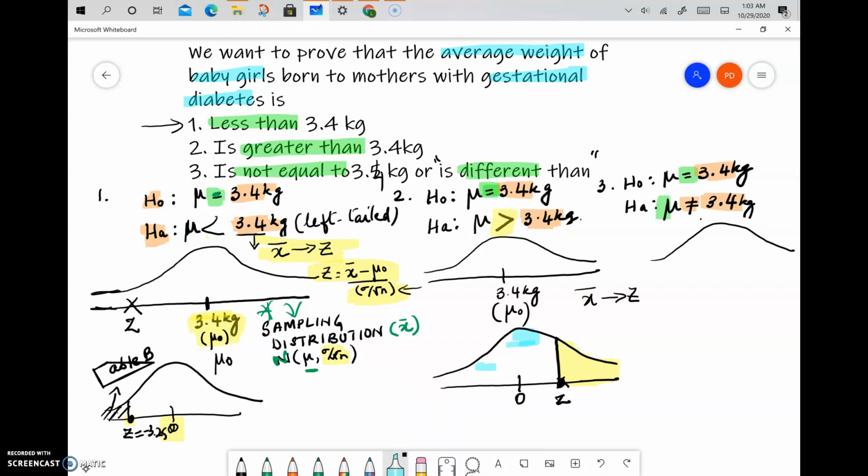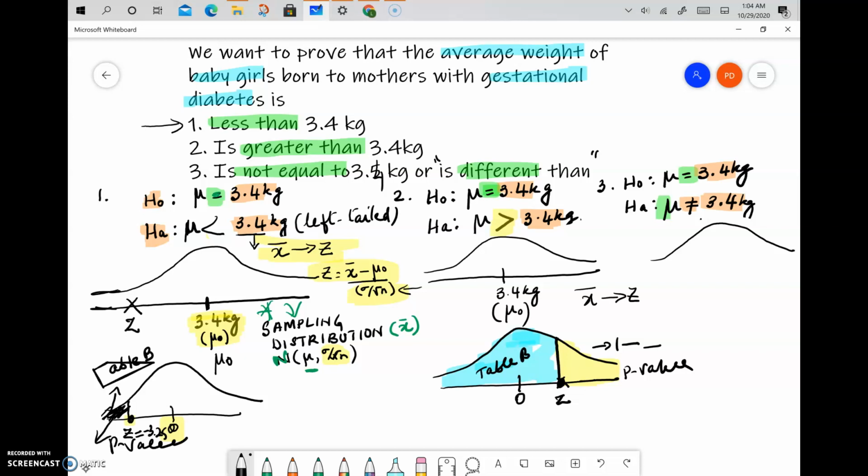So that's what the table gives you, the area to the left of the z value. This you get from table B. And once you find that area, you go 1 minus the number, and that will give you the area to the right. And that's called the p-value. So the shaded area here is the p-value.